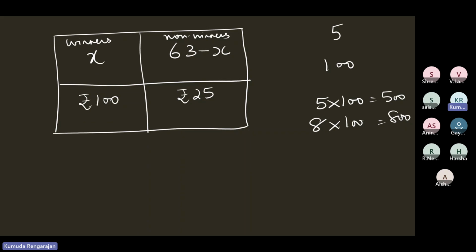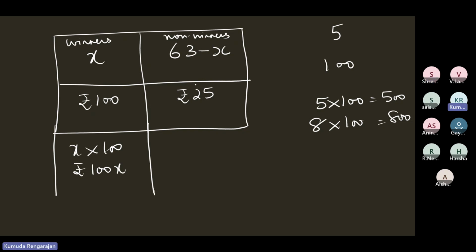So it will be X into 100, which is 100X. Like we do 5 into 100 when we know the number of winners. So the prize money is 100X, correct?